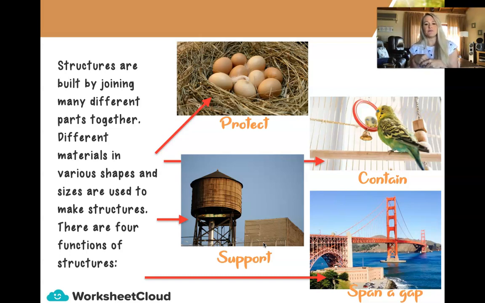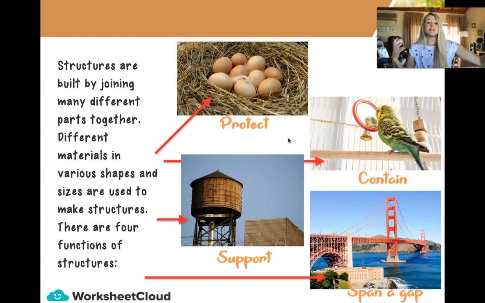Okay, so just take a moment, and I want you to think, look around your house and look around where you are, and have a look at different structures around you. They can be natural, they can be man-made, and I want you to think about what the function of that particular structure would be. Is it to contain? Is it to protect? Is it to support?